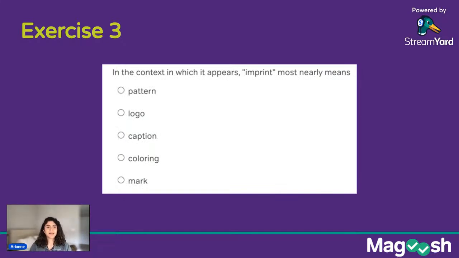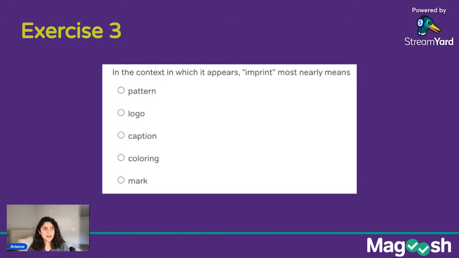All right. First, remember we are talking about imprint, but our substitute for imprint is evidence. So A, we have pattern. Pattern is a little bit too specific, because if we go back to the passage, we know that there's some influence, some evidence, some signs of the culture, but we don't know exactly what it is.